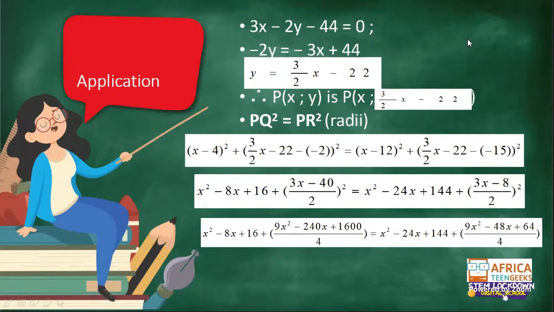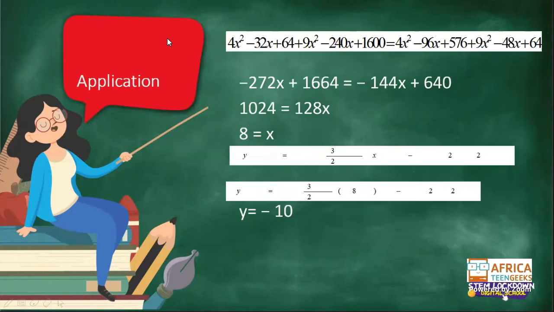So that's why you see that the next step here will give you 4x squared minus 32x plus 64 plus 9x squared minus 240x plus 1,600, which is also equal to 4x squared minus 96x plus 576 plus 9x squared minus 48x plus 64.